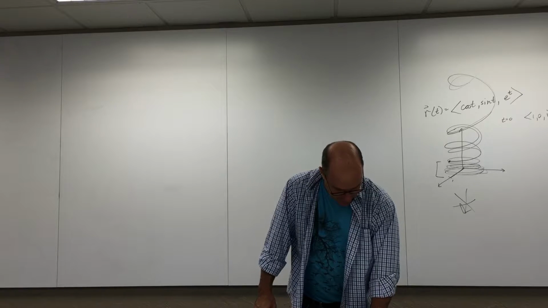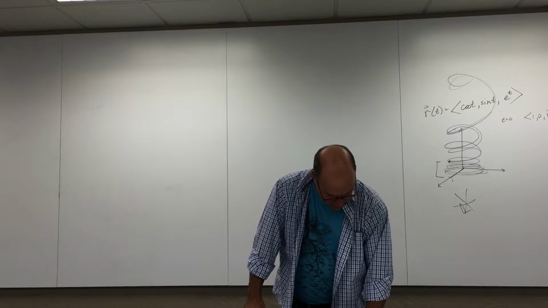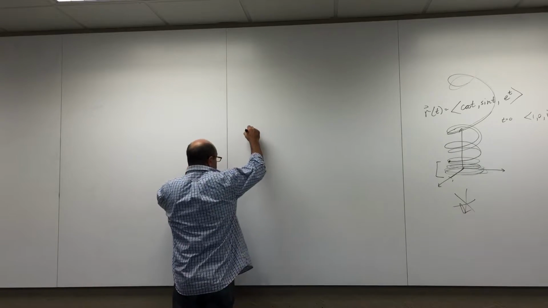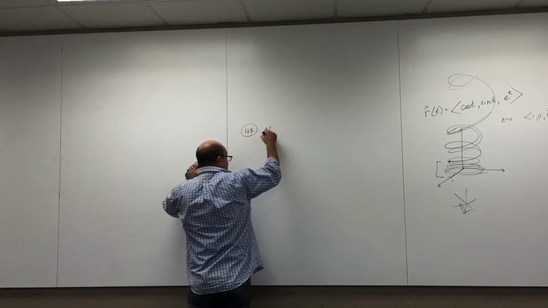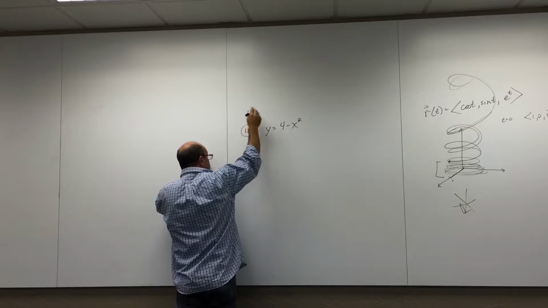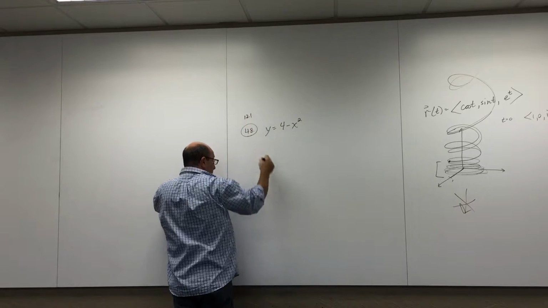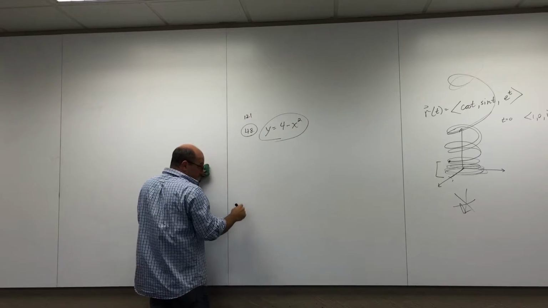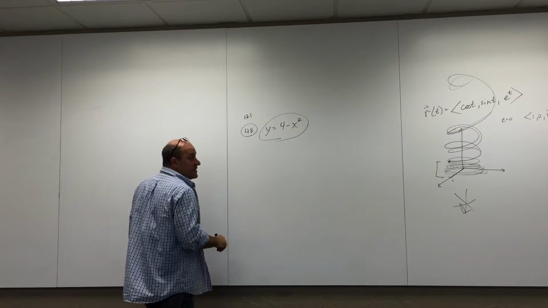Hey, this is kind of cool. Look at this. I found this problem, 48. Problem 48 says y equals 4 minus x squared. This is in 12.1. They say, hey, represent this with a vector valued function, please.